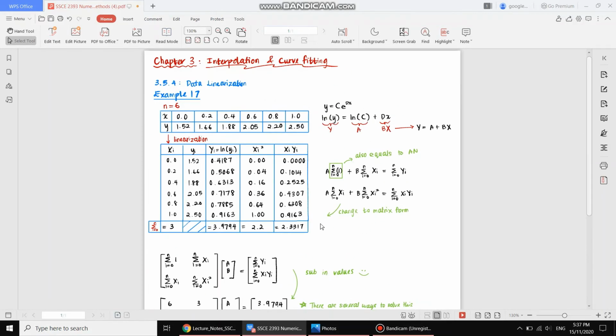And because it's data linearization, our graph obtained will be a straight line, because looking back into the equation, y equal to a plus bx, the x has a gradient that is only to the power of 1, so it should be a straight line.